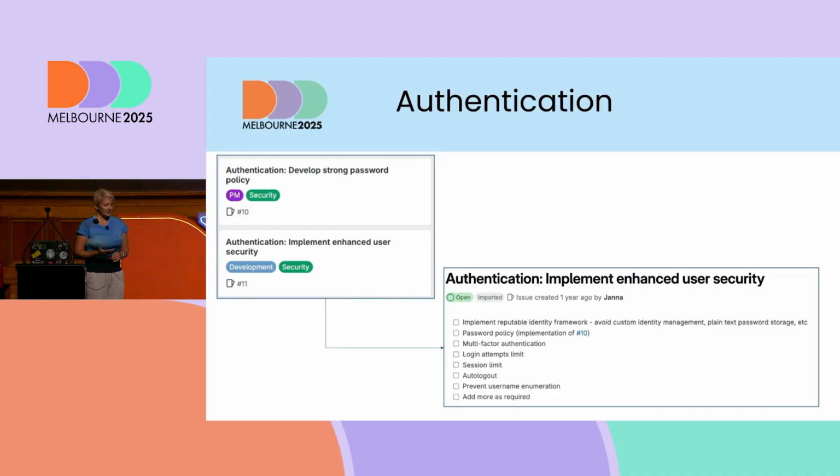Is there a login attempts limit? Is there a session limit? Is there auto logout? Can you prevent username enumeration? And things like that. So all of this can be broken down into more tasks to say, this is my authentication procedure and implement it later. But that's just one big task.